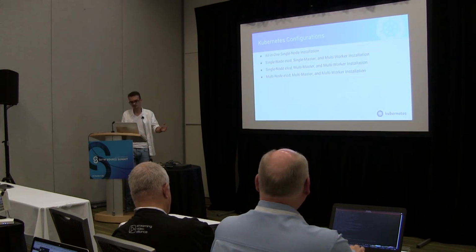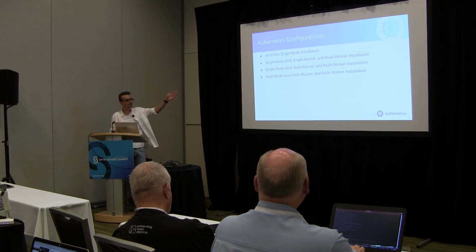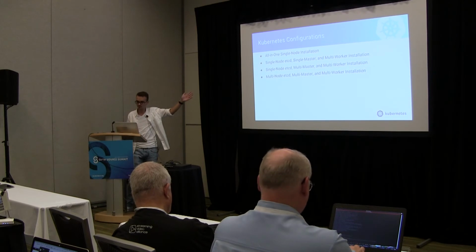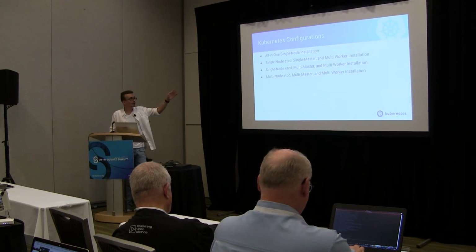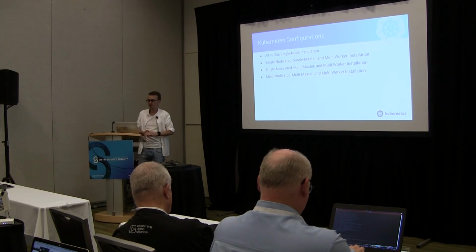So coming back to configurations, you may use the single node etcd, the single key value store, the single master, and multi-worker installation. In this case, again, we don't really recommend it for real production use cases, but if you have some basic workloads, you can start with this. So you will have the single master. It will be the single point of failure for you: if your master dies, your Kubernetes cluster will die.